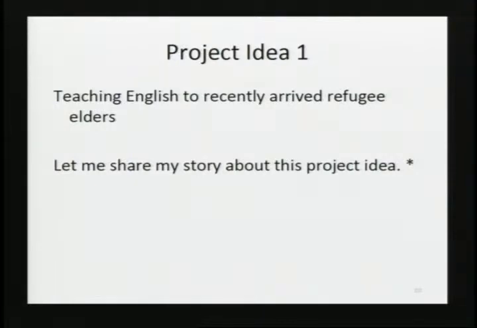So, project idea 1. I'd like to talk about teaching English to recently arrived refugee elders. And let me share my story about this project. I'll do this very briefly. It was about 4 years ago that I became aware of a metropolitan area, a city in a different state than where I am, that was having an influx of refugees.